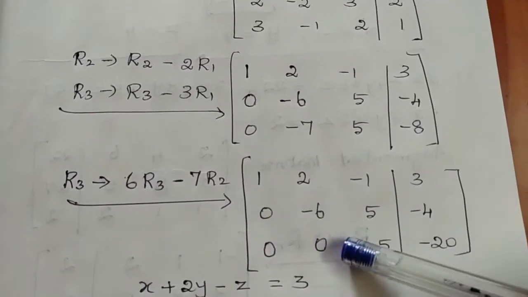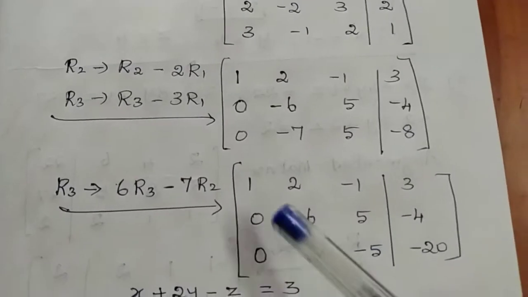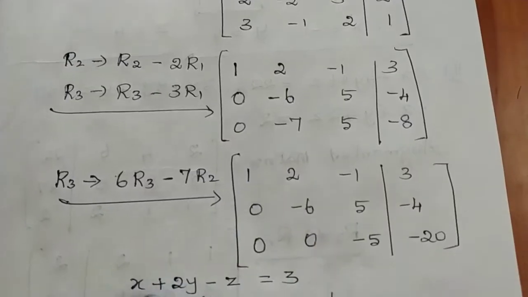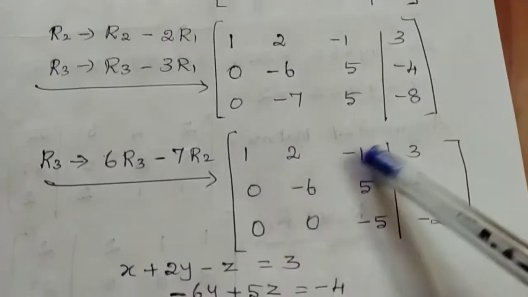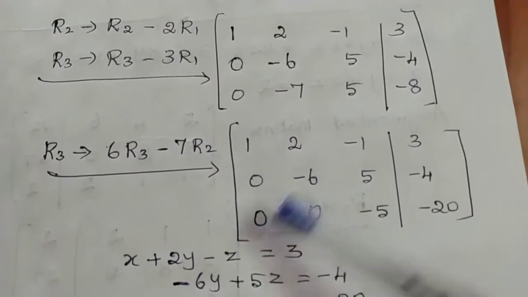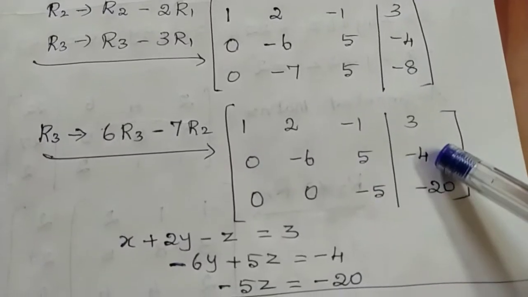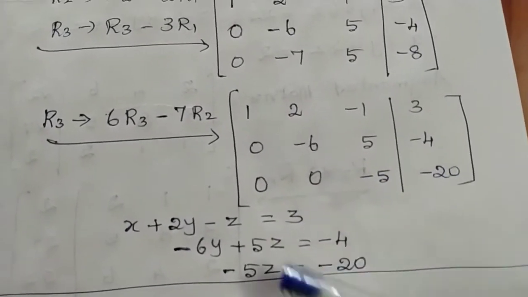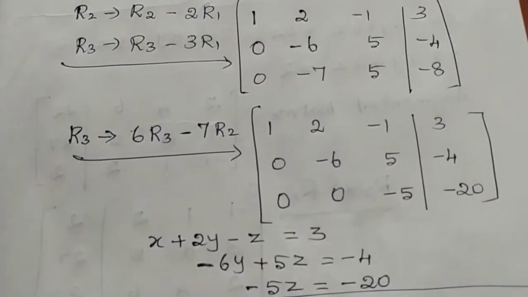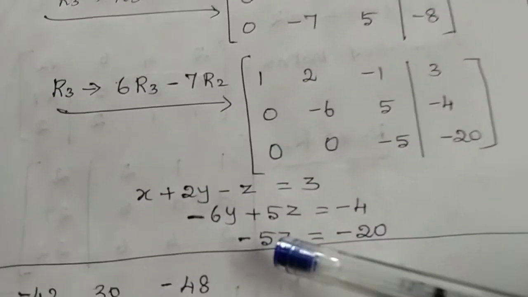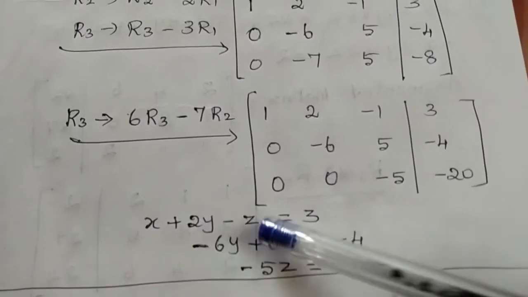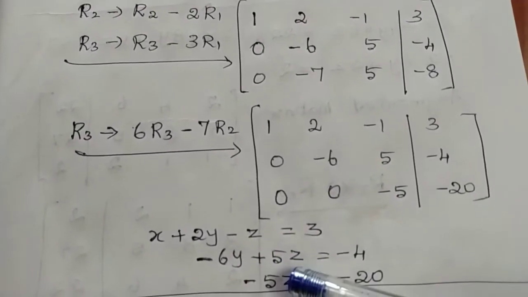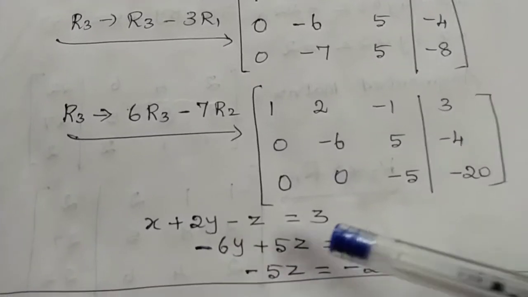This is a triangular form of the matrix, and using this matrix write the three equations: x, y, z term equal to constant, y term, z term equal to constant, and z term equal to constant. Now solving these three equations we get x, y, z. That one is the Gaussian elimination method.